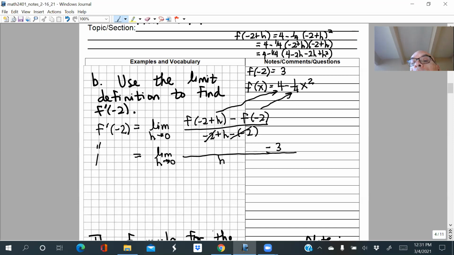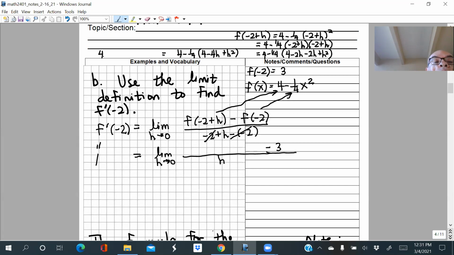You can add the -2h and the -2h together. So you would get 4 minus 1/4 times (4 minus 4h plus h squared) when you add these two middle terms together. Now let's multiply in the -1/4.